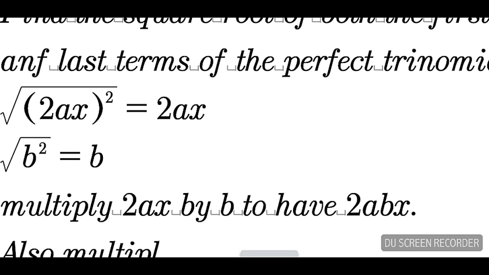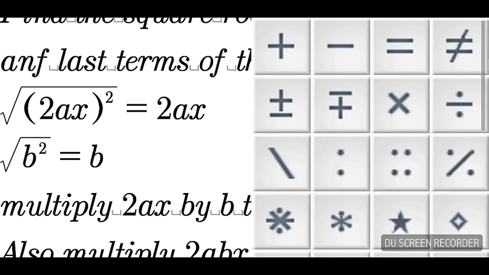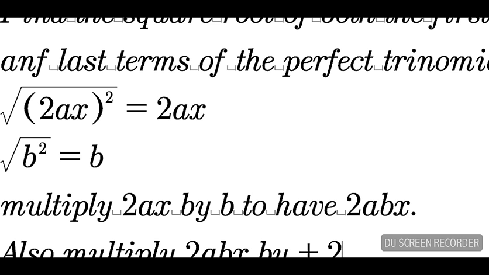Also multiply the result, which is 2abx, by a constant which is plus or minus 2, and check if the result is the same with what is given to us in our fifth equation.